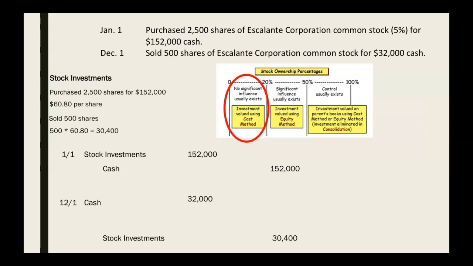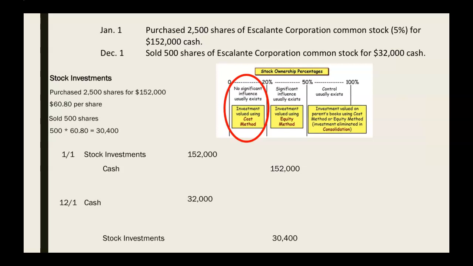So your stock investments are valued at the cost that you paid for these shares originally. You paid $60.80 per share. You sold 500 shares here on December 1st. We take 500 times $60.80, and that's how we get our $30,400. You'll notice your debits and credits don't equal.